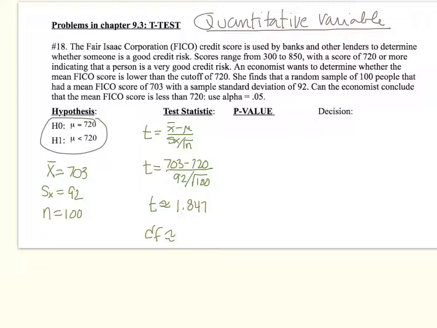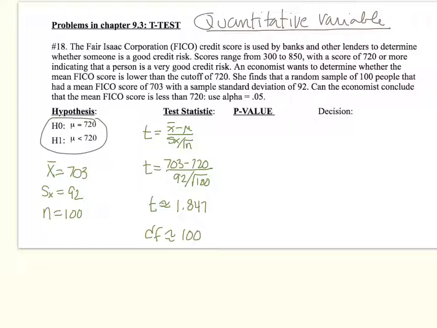Well, the degrees of freedom here, if we went to a t-table, we would say the degrees of freedom is approximately 100, because 100 minus 1, even though it's 99, we're not going to find an accurate p-value from any of the tables that we have access to.